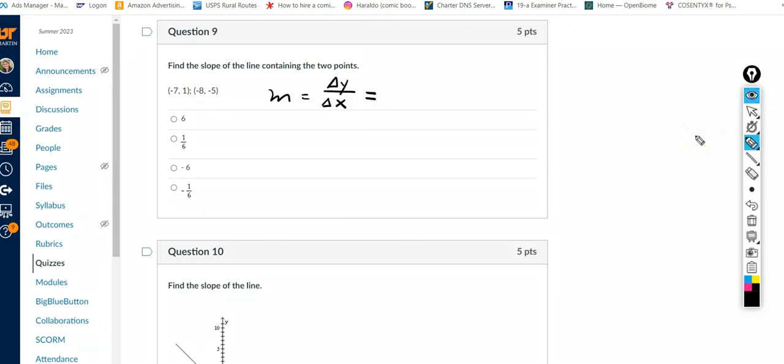So the change in y over the change in x. And so I'm just going to take them as they come. So change in y, so this y coordinate minus this y coordinate all over the change in x. So this x coordinate minus this x coordinate.